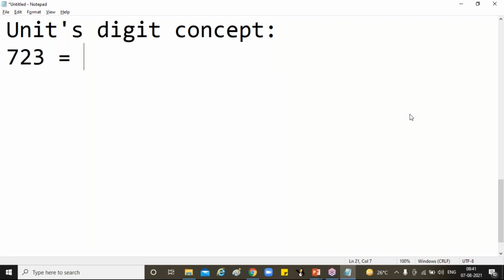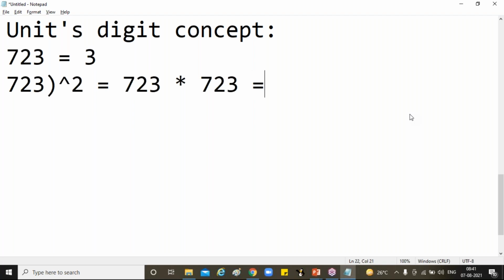Yes. If they give 723 whole square, that means 723 into 723. What is the last digit of the given expression? I don't want the complete value of 723 into 723. The last digit of 723 is 3, so 3 into 3 is 9. That 9 depends on 3 and 3.